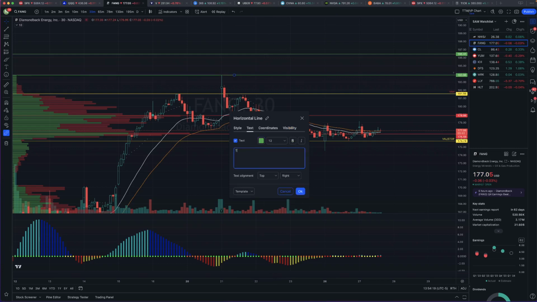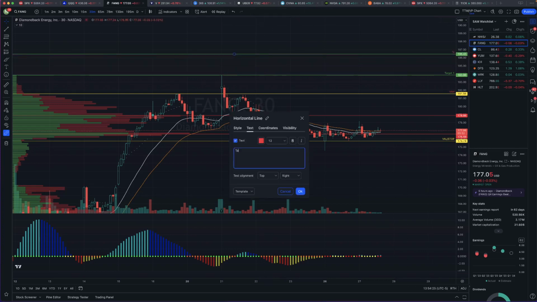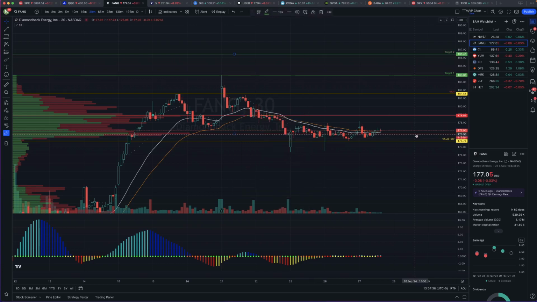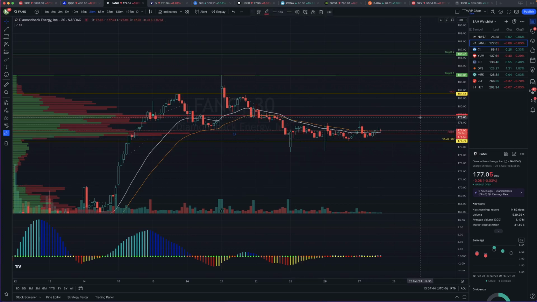Maybe target 1. This is going to be green, and it's going to be target 2. Oop, nope, I want to make sure that's green. Okay, and then I have this line, POC1, and this line is POC2.